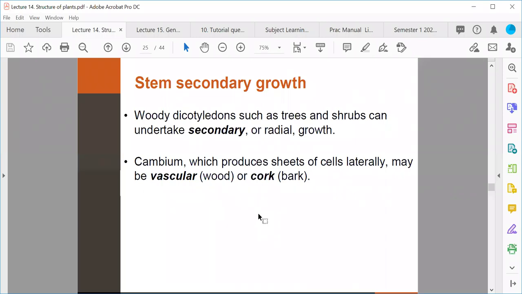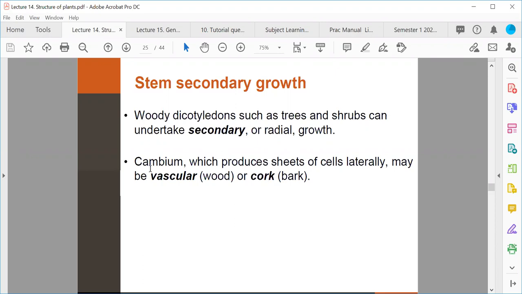Okay, so secondary growth promotes radial growth. Unlike that primary growth, which originates from the SAM and the RAM, they basically add height to the shoot system or depth to the root system. Okay, so secondary growth basically originates from two different meristems within the plant.